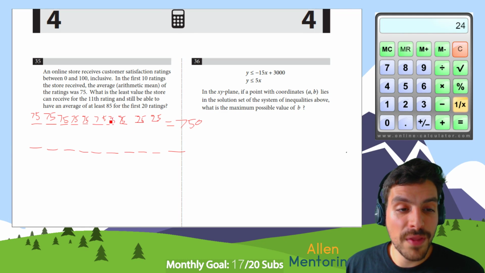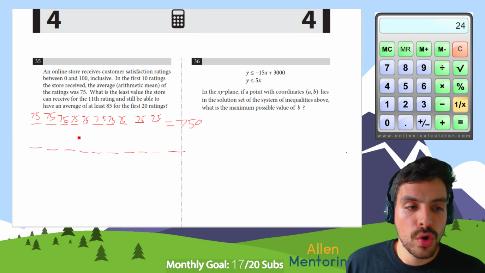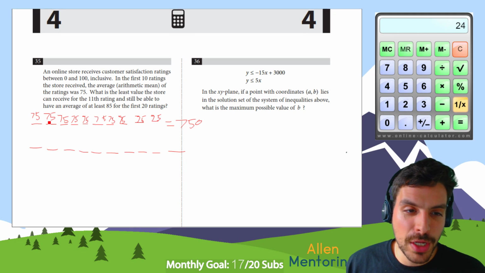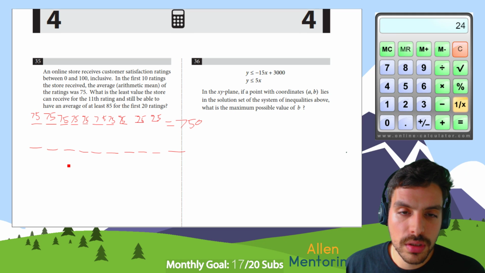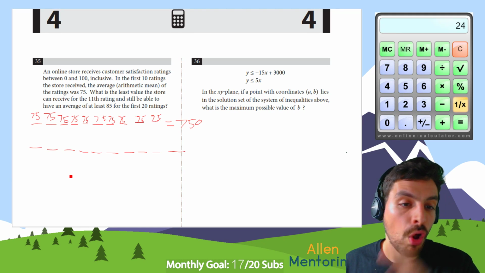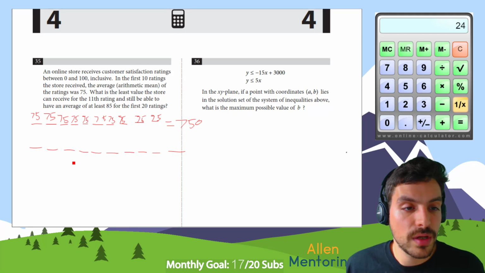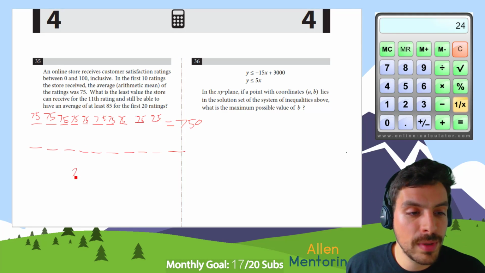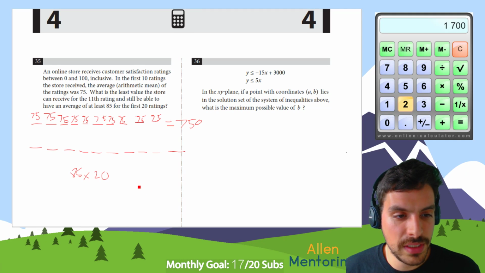Now, if we want the first 20 ratings to have an average of 85, we can do the same thing, right? We can imagine that all of these are 85, and we could find out what would be the total of your 20 ratings, right? So if it's 85, we can multiply 85 times 20. 85 times 20 is 1,700.